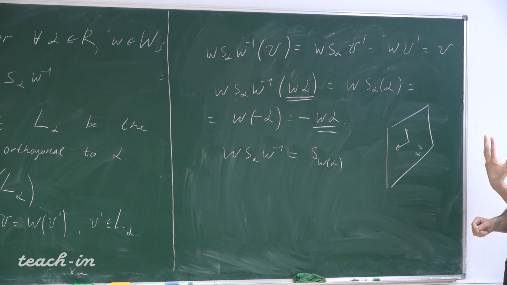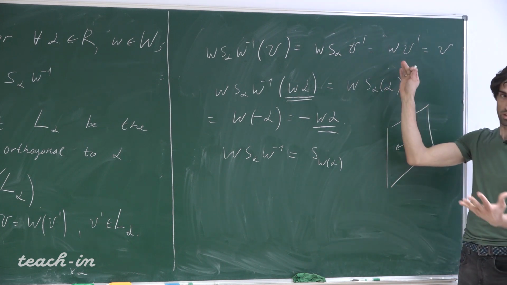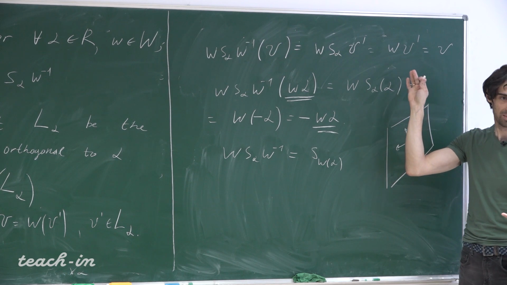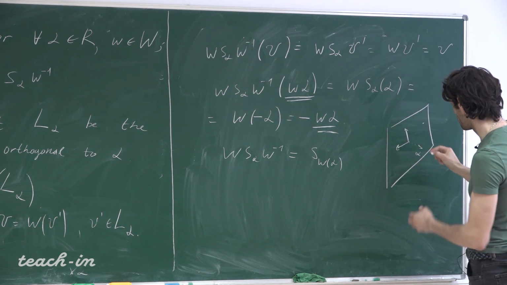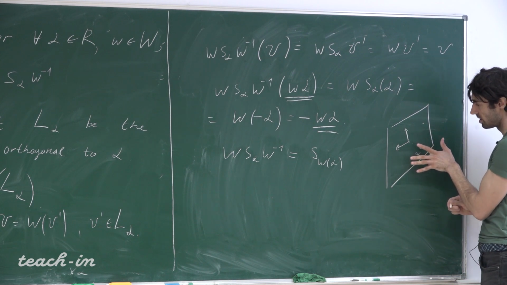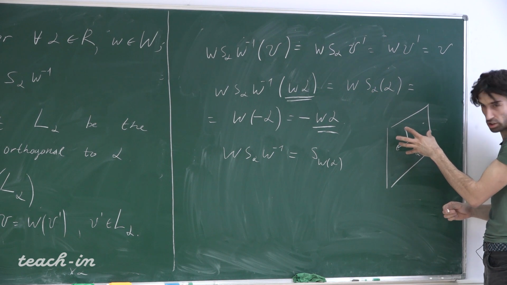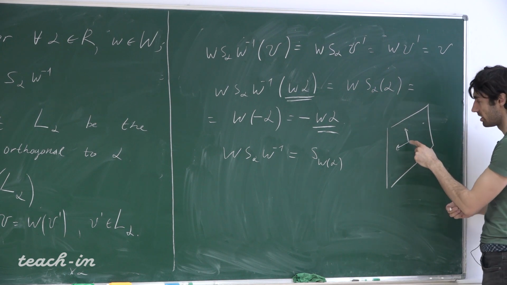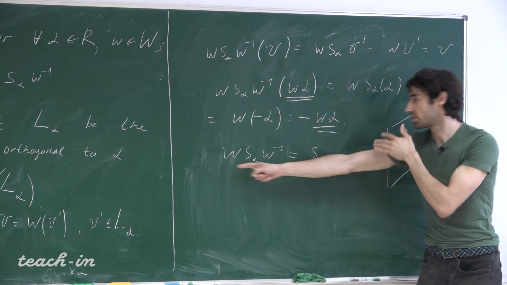Then you take any point in your Euclidean space. In my case, it's just R3. It will be a linear combination of these three in this case, right? So what happens if I apply this element?